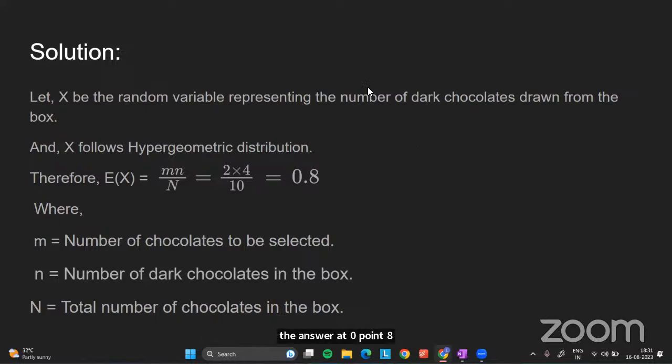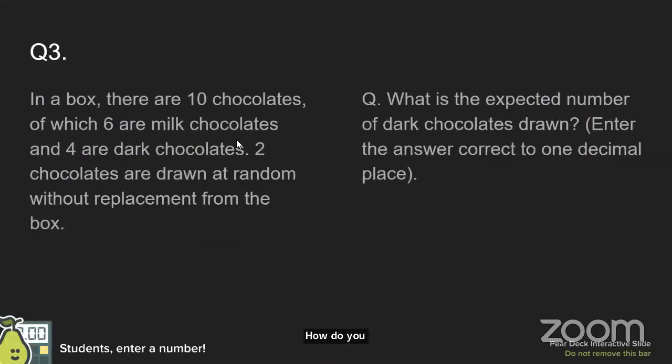How do we know whether it follows hypergeometric distribution? That's because we have to select 2, and we'll treat getting a dark chocolate as a success and getting a milk chocolate as a failure.